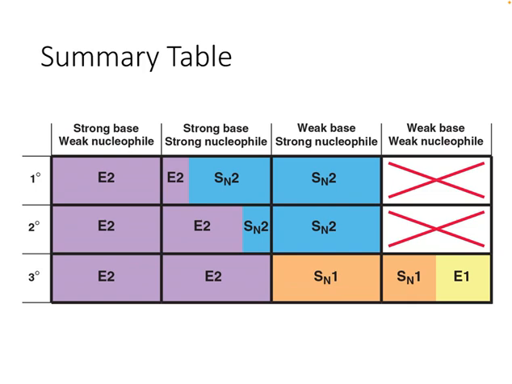So for instance, if you have a primary carbon, then that's going to favor E2 or SN2. Because remember, if we form a carbocation, a primary carbocation is really unstable. So a primary carbon would prefer to go through a second order reaction, where the base or the nucleophile attacks first.